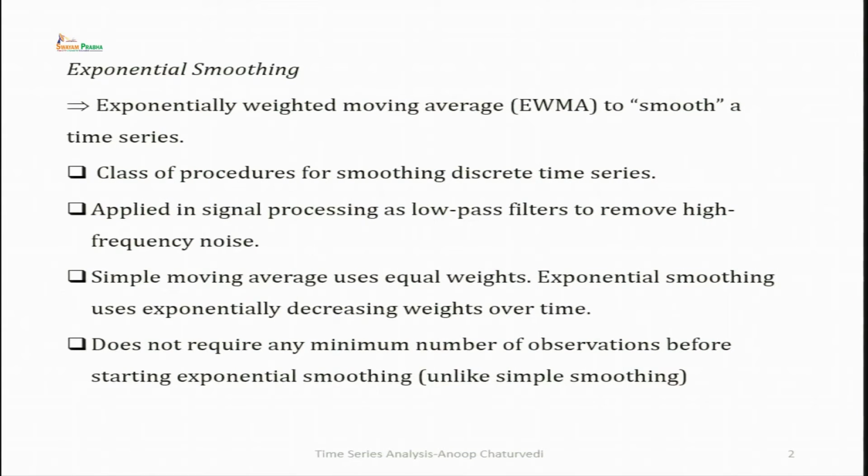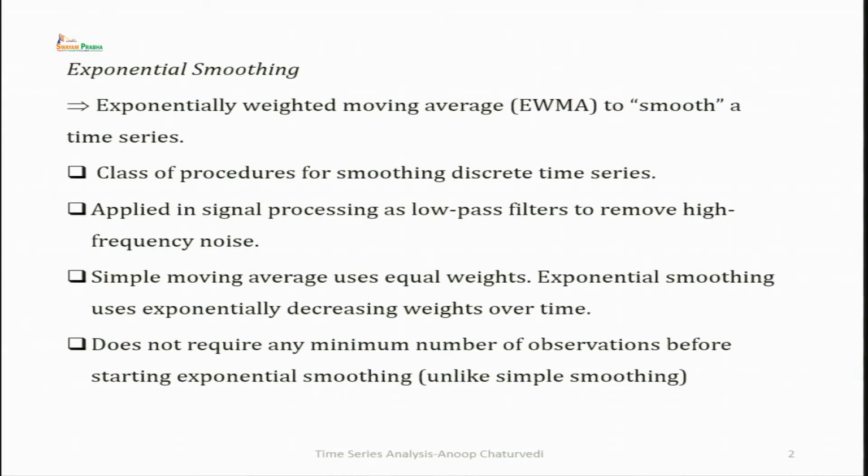You can even apply it in signal processing as a low pass filter to remove high frequency noise. Simple moving averages, as I told you earlier, use equal weights. Exponential smoothing uses exponentially decreasing weights over time. So, this is the specialty of exponentially weighted moving averages.